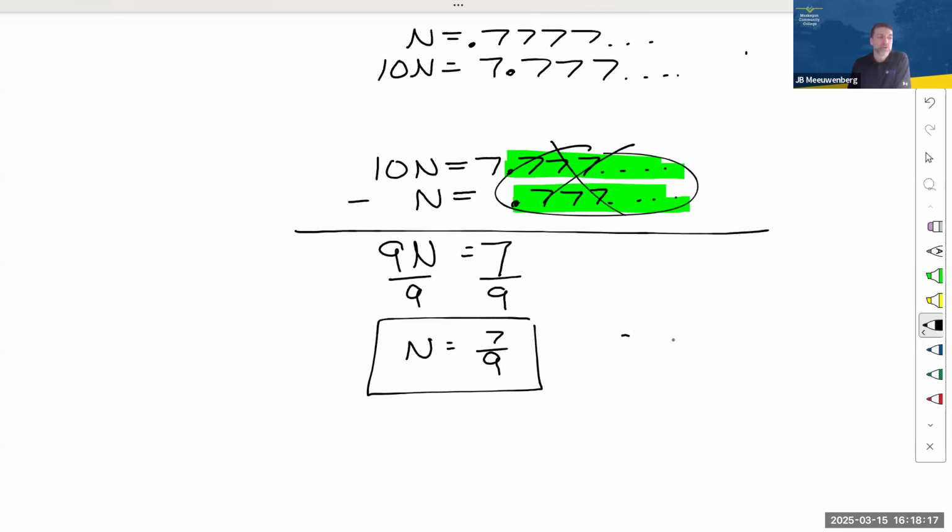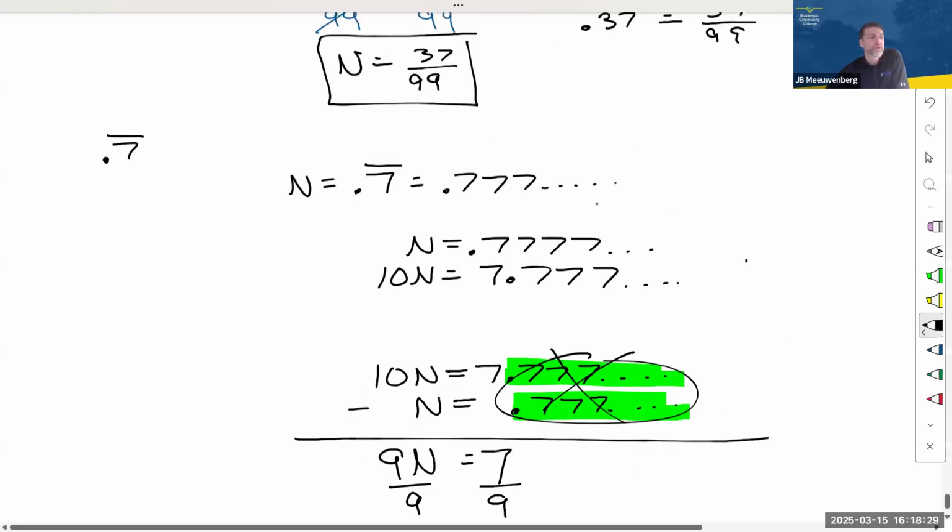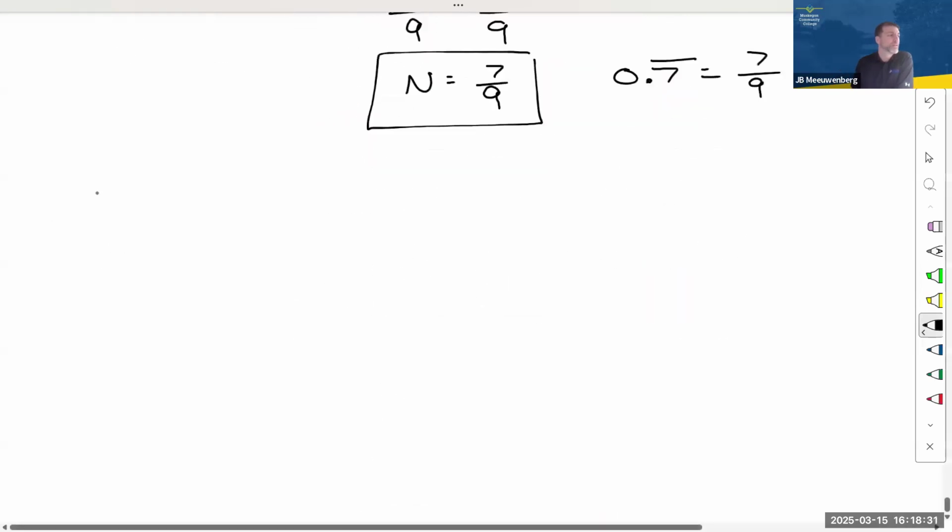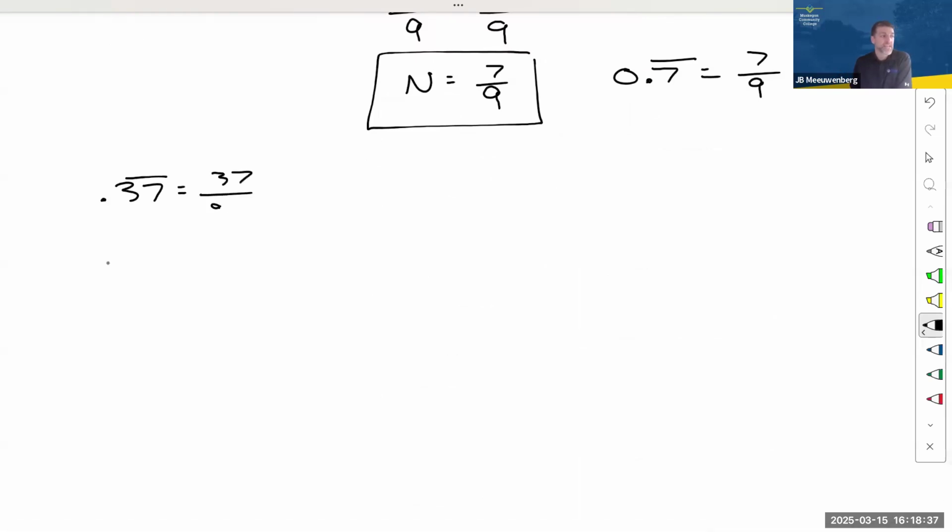So the repeating decimal, the 0.7, is equal to 7/9. Now you might be saying, JB, for the first one you did, 0.37 repeating was equal to 37/99, and the next one you did, 0.7 repeating, turned out to be 7/9.